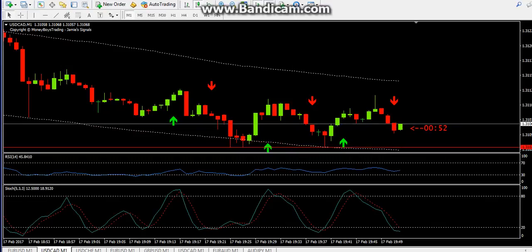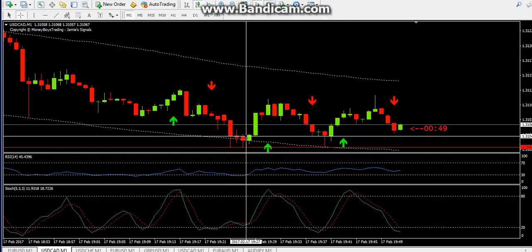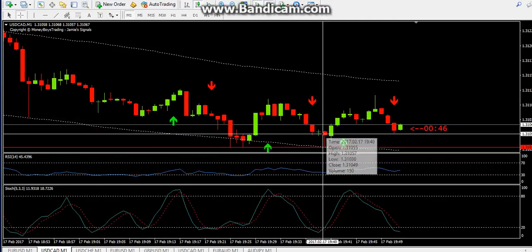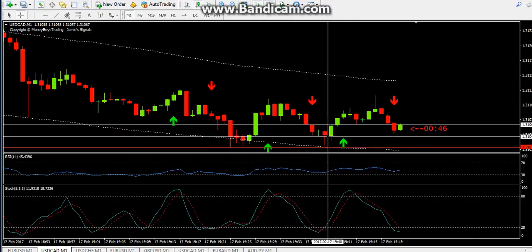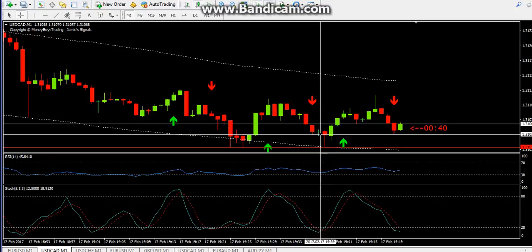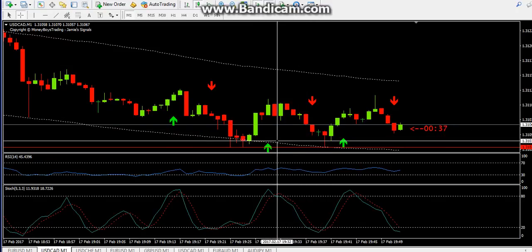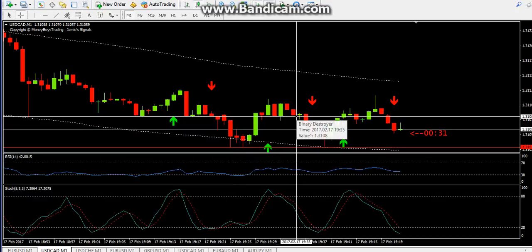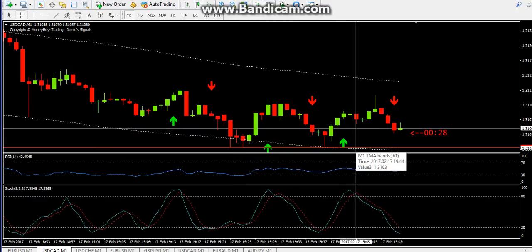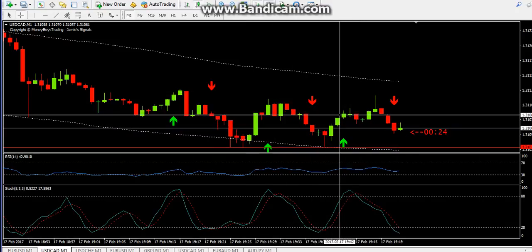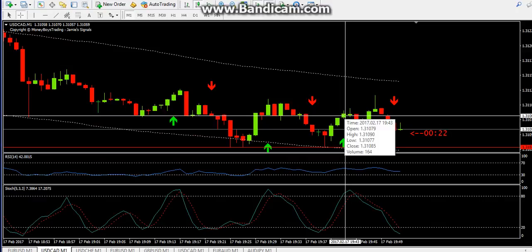As you can see, the price came down, and then we had a pullback, and the price reversed around here, and the price didn't go down to the level that it previously was. So that tells me we're into an uptrend. The price just made a higher low. So I know that this signal here will pay out, and it does.